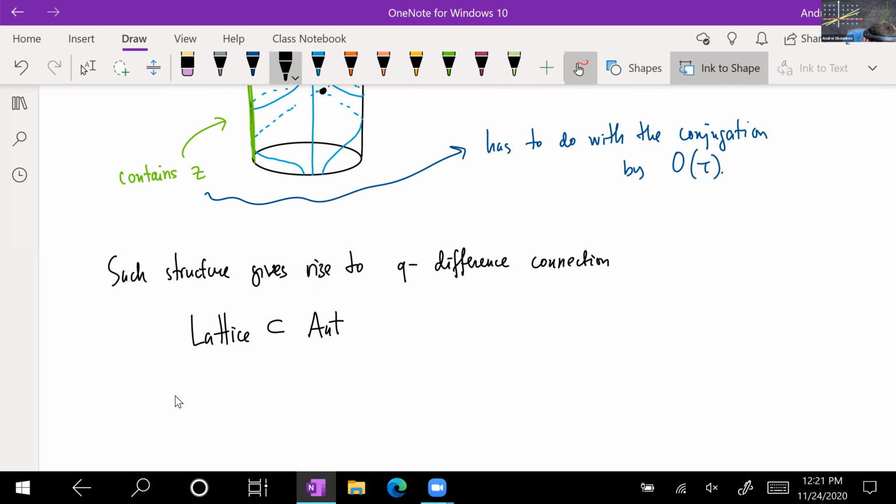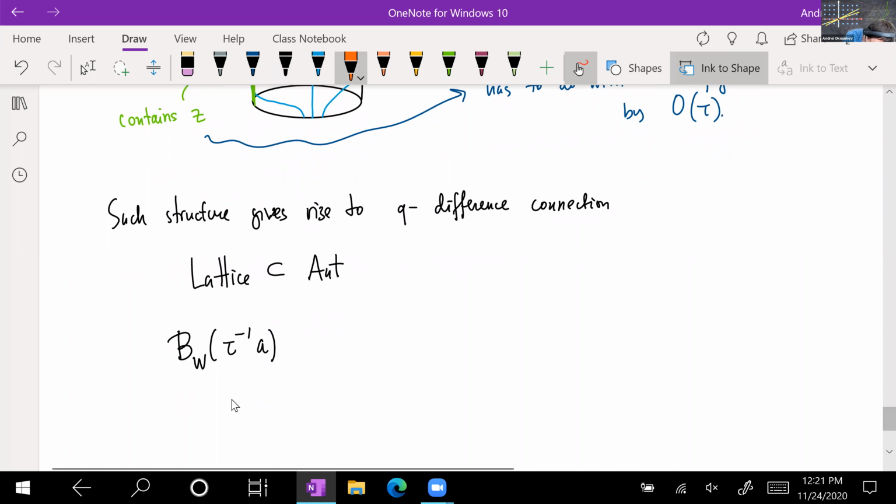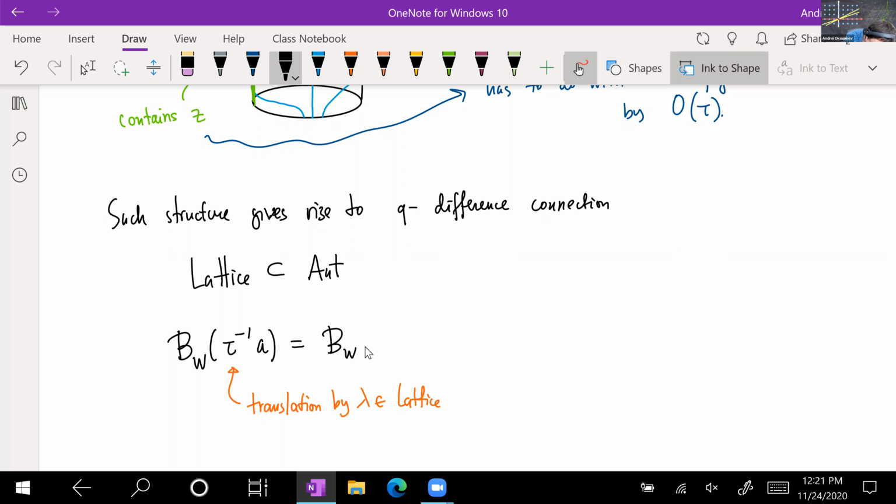So it means when BW of T inverse, where T inverse is a translation by lambda in my lattice, this is BW of Q to the minus, well, what does it mean?